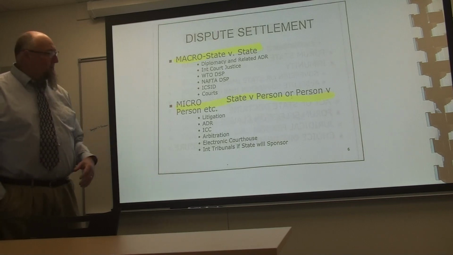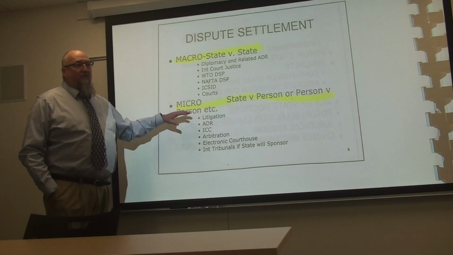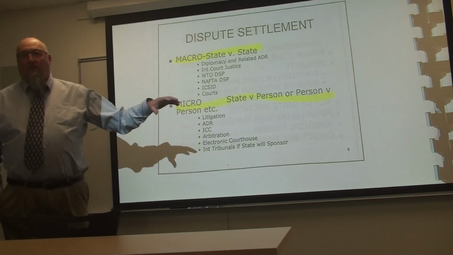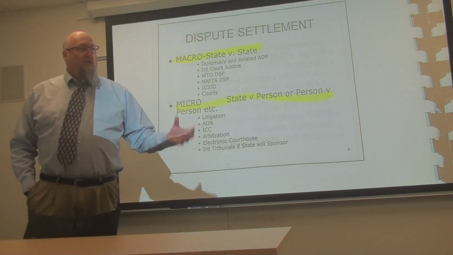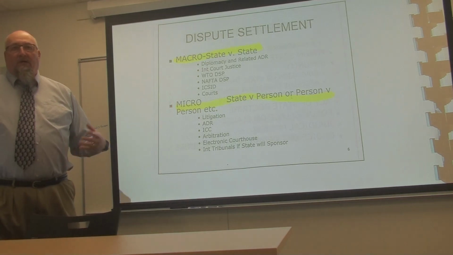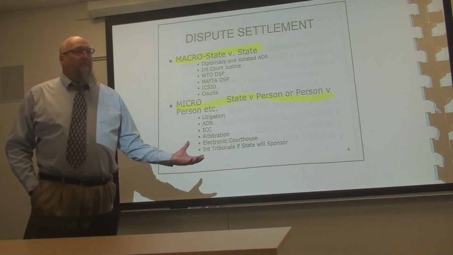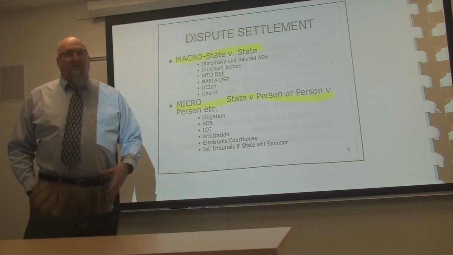And then we have person versus person, and that is where you've got individuals that may be involved in perhaps an international sales contract or some other type of business activity where they have a claim against a person from another country. And the question is, how do you resolve those kinds of disputes? Do you do it in your own domestic court?